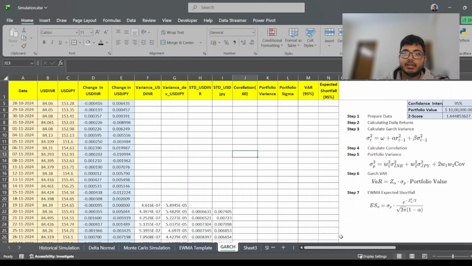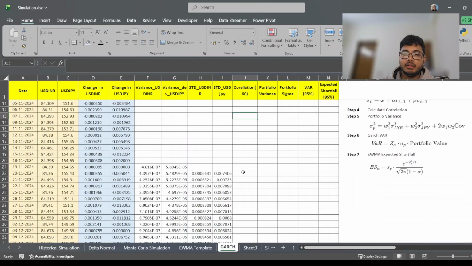Okay, so we are going to take a 60-day correlation. So if we look at the first 20th day, it does not have 60 days, so we are going to neglect it.